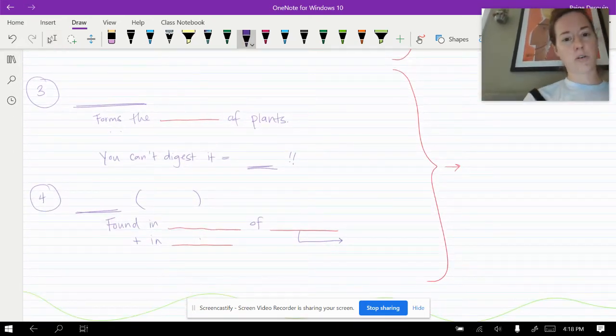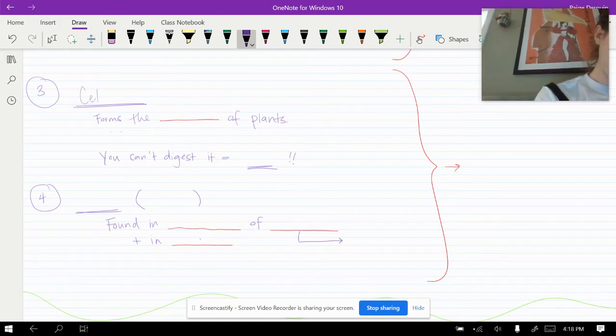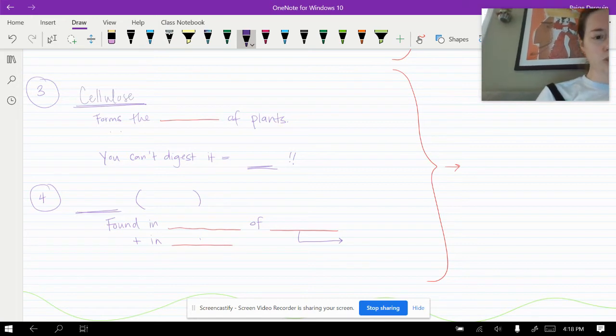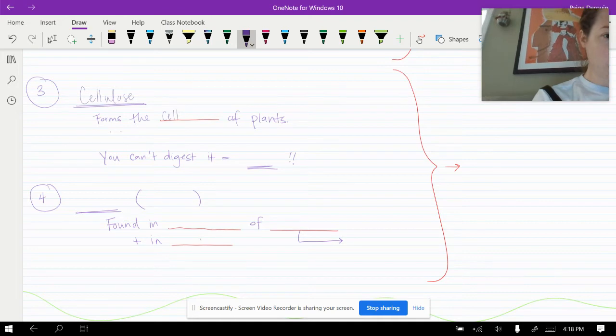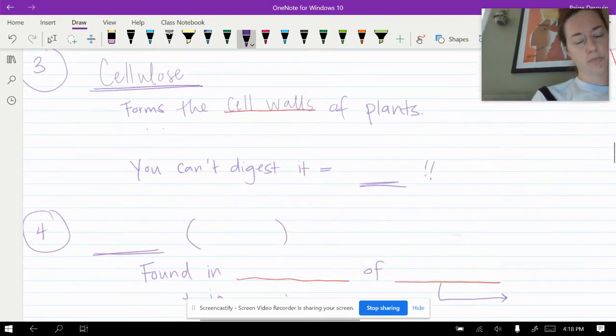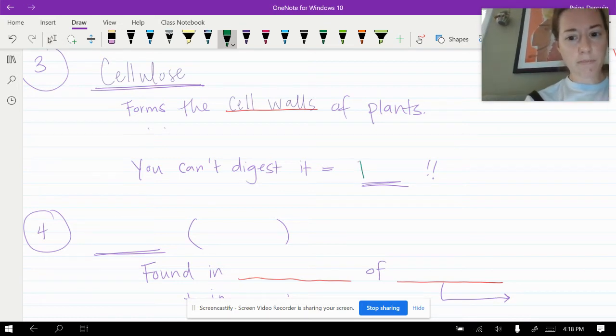All right, so polysaccharide number 3 is called cellulose. So again, ose. Cellulose forms the cell walls of plants. And what's kind of interesting about cellulose is that you actually cannot break it down in your body. And so it is fiber.